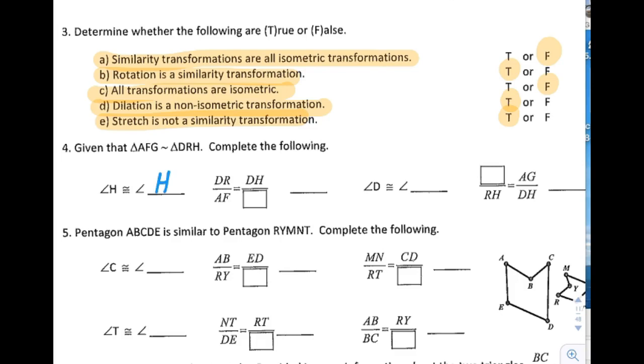All right, these are the fun ones. Angle H would be in the same position as angle G. All right, the angles are pretty easy. And then we start the pattern game here. DR over AF. So it's these two, and then we go DH, so we go AG.